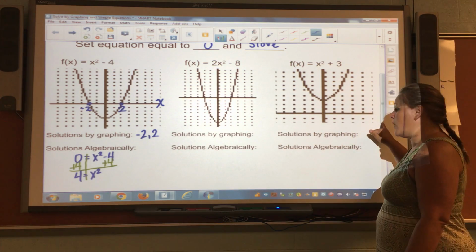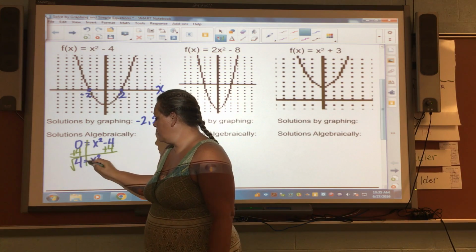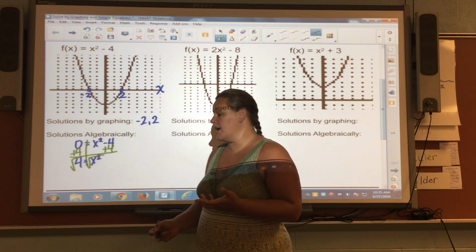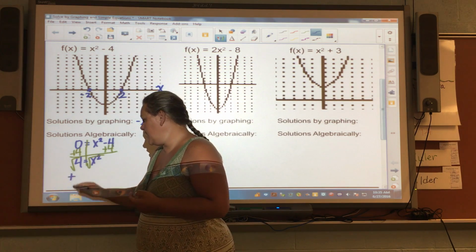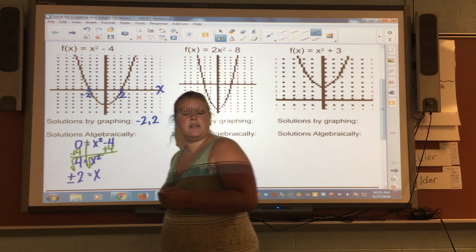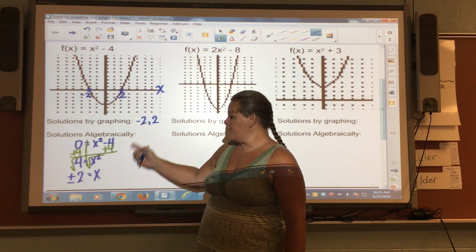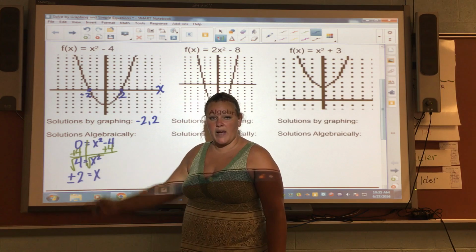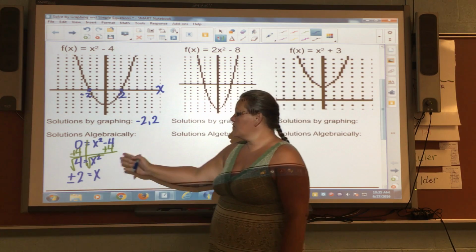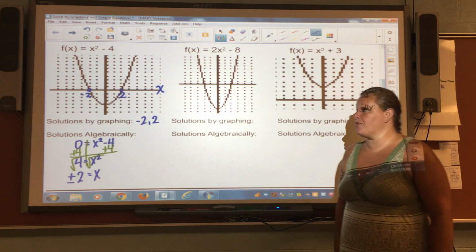The opposite of squaring something is to take the square root on both sides. And the square root, remember, is a positive or negative 2, is equal to x, and that's what we got up here. -2 times -2 gets us back to 4, and 2 times 2 also gets us back to 4. So we've proved that our graph was right and we did the math right.